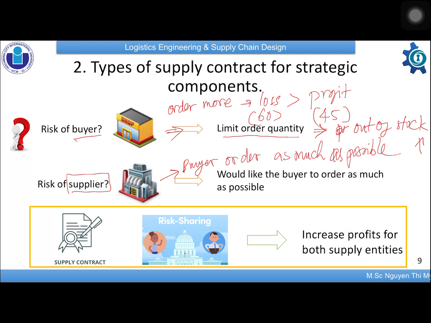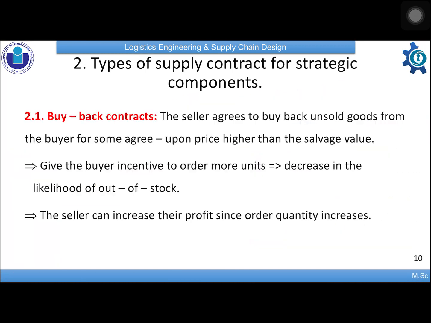So the buyer can order more and the supplier can get what they want. They can have more orders.